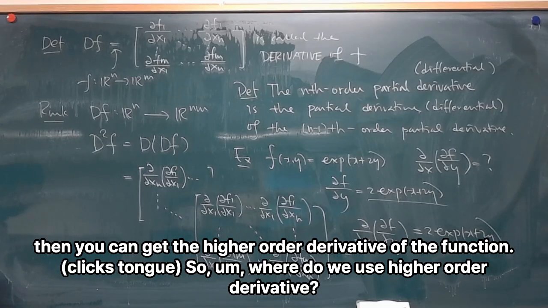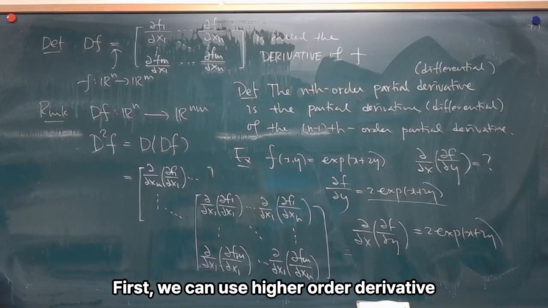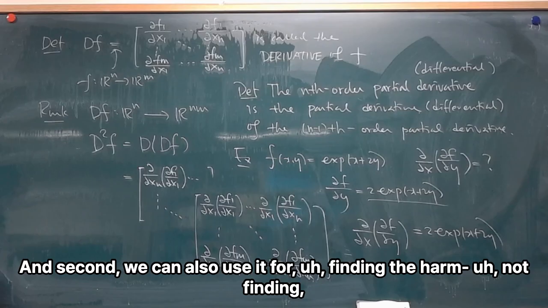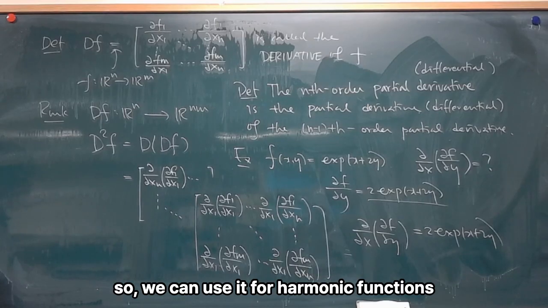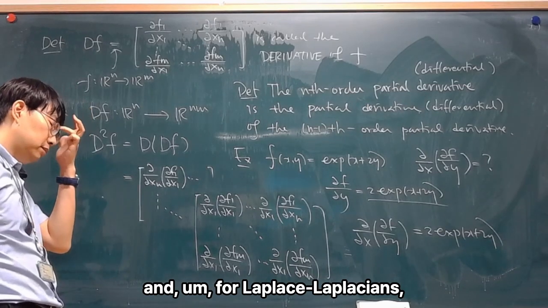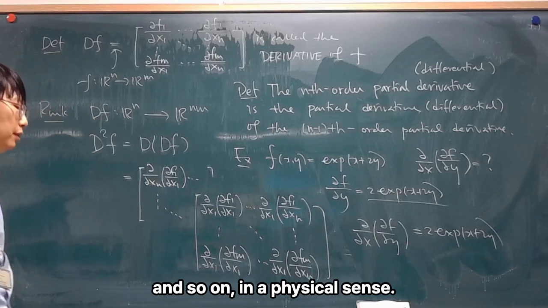So where do we use higher order derivatives? There are many places. First, we can use them to find the Taylor series of a multivariable function. Second, we can use them for harmonic functions and Laplacians and so on in the physical sense.